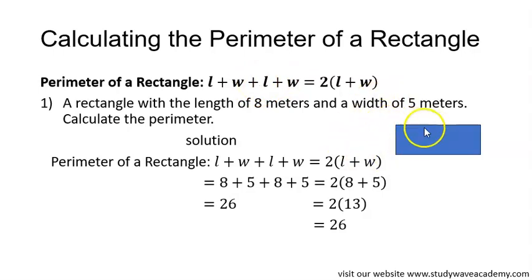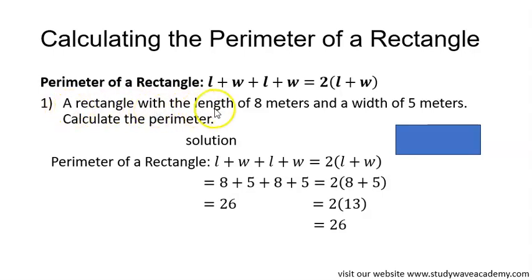To calculate the total distance of all the sides of this rectangle, which is the perimeter, the formula is L plus W plus L plus W, or 2 bracket L plus W. That is 2 times L and 2 times W, it is still the same thing, okay? We're going to look at an example.